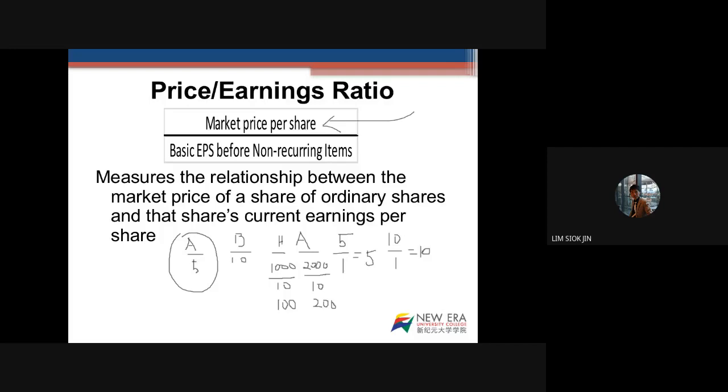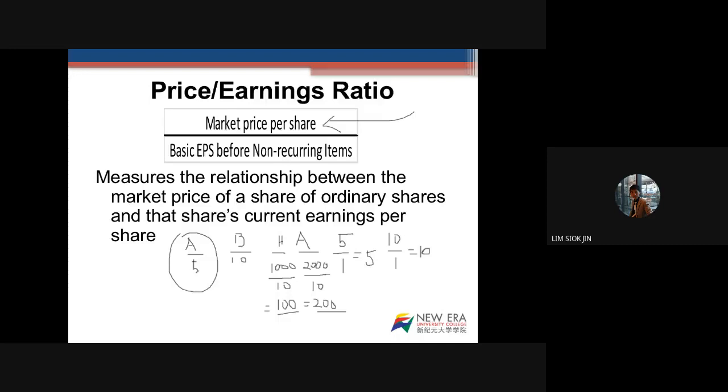So which one is better, you think? When you look at the PE, H is 100, A is 200. Which one do you think is better? H, because you are paying a lower price, but you get the same function.